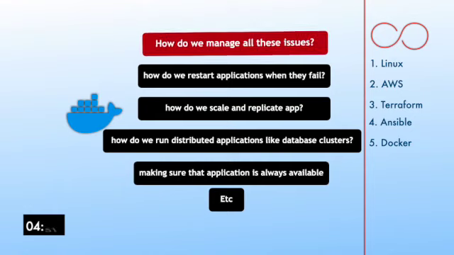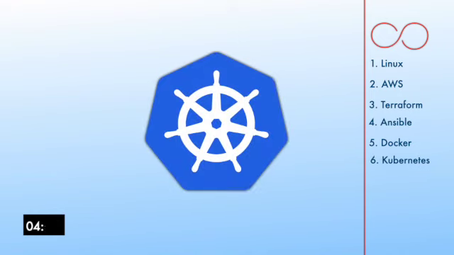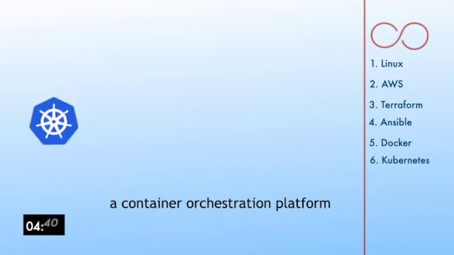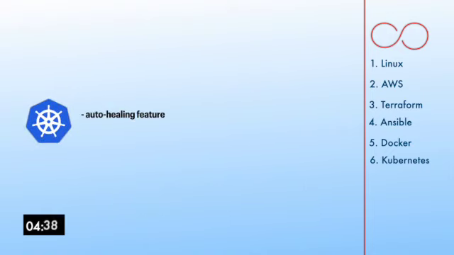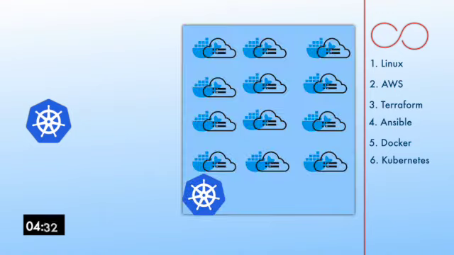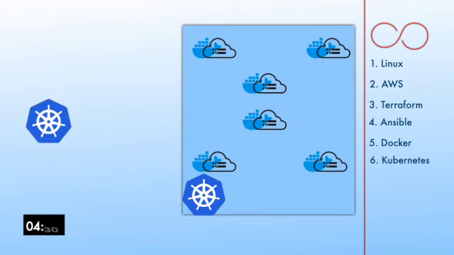So how do we manage all this? With the help of Kubernetes, which is a container orchestration platform, we can solve all these challenges. Kubernetes has an auto-healing feature and a network layer that manages thousands of containers. Scaling applications up and down as we need is done easily.